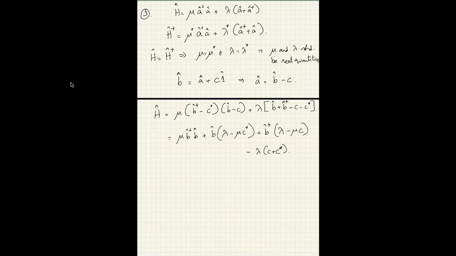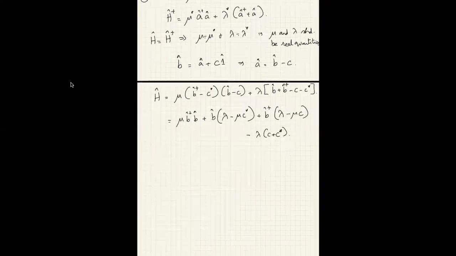Now I want this to be a very simple Hamiltonian that looks like a simple harmonic oscillator Hamiltonian. So I don't want terms linear in B and B dagger. To get rid of these terms, I need to impose some conditions on C, but C is a constant. I can always choose the constant to be whatever I want. So I will simply choose C to be lambda over mu, which is a completely real quantity.